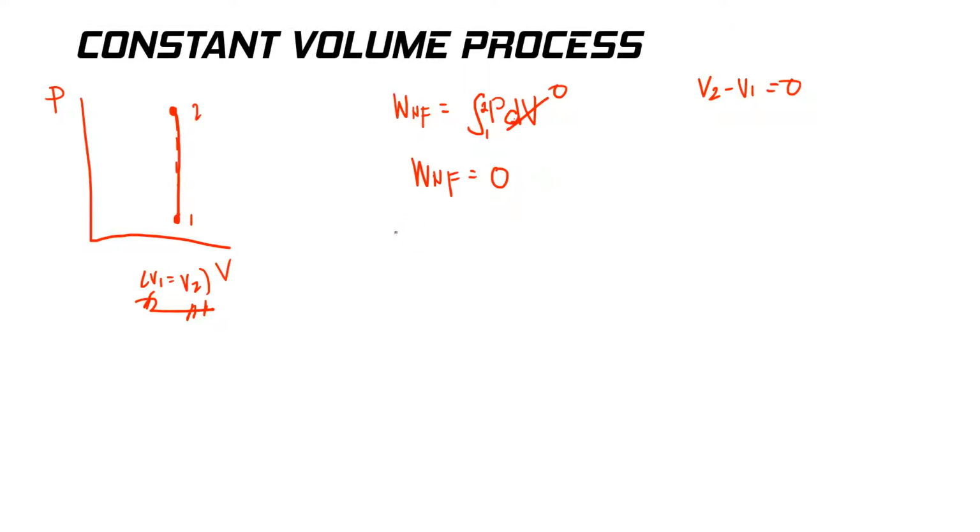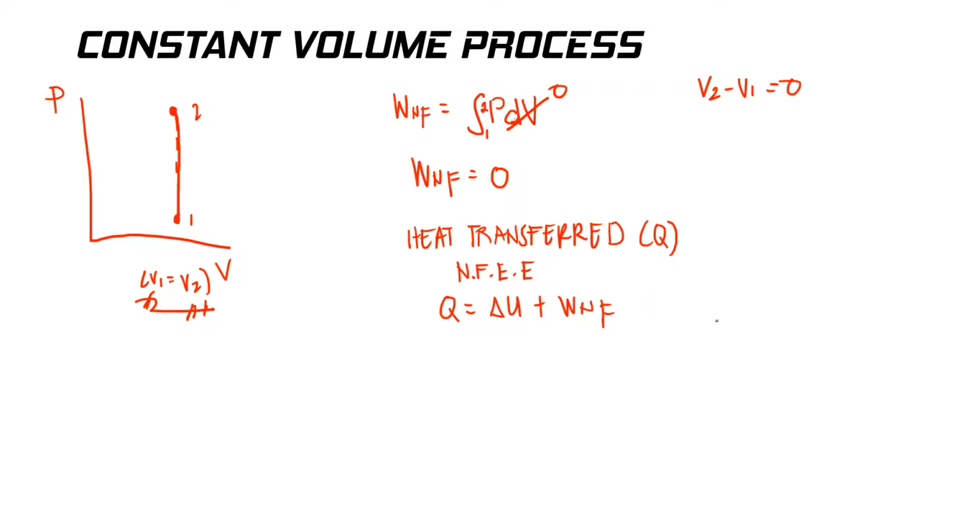Then next is our heat transferred, let's symbolize it by the letter Q. Let's derive our equation from the non-flow energy equation, which is Q equals the change in internal energy plus the work non-flow. But since we have a constant volume process, our work non-flow is 0.